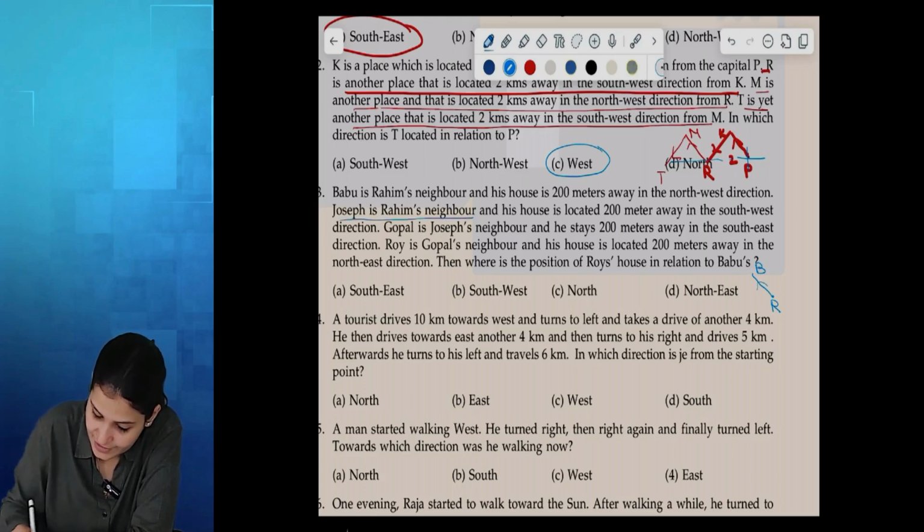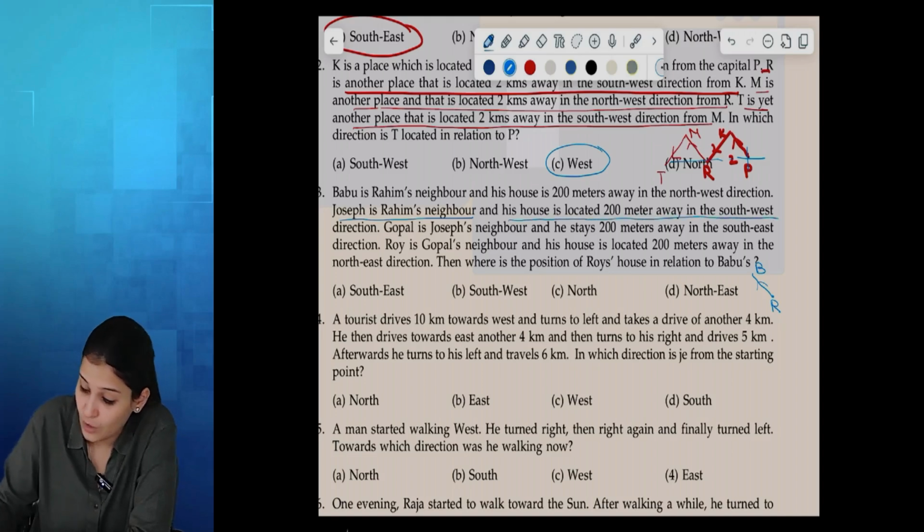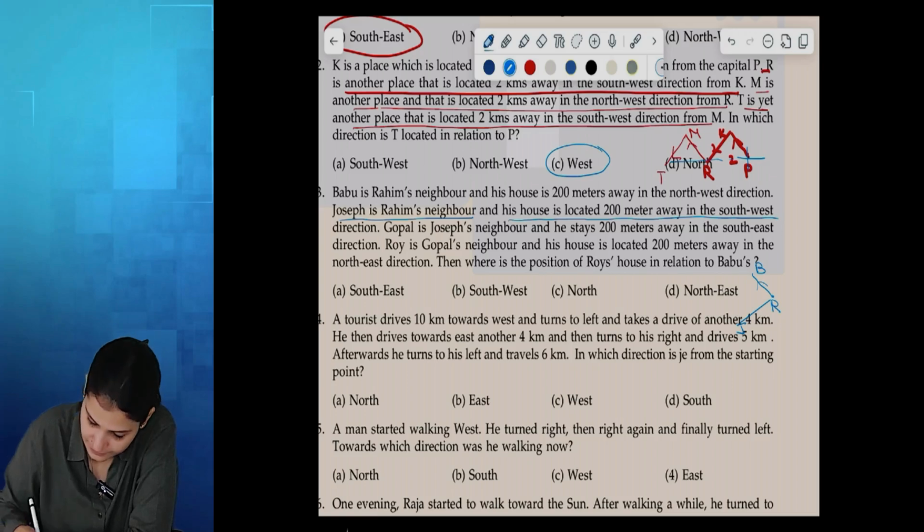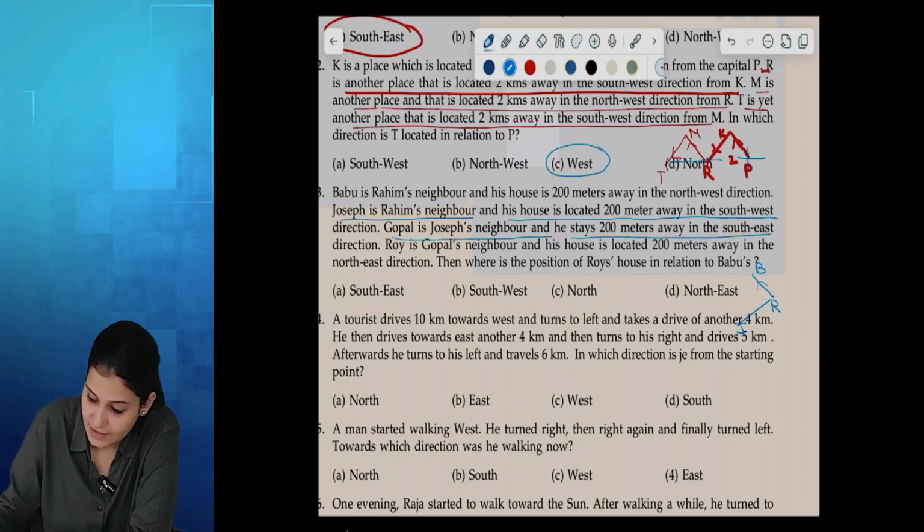Joseph is Rahim's neighbor and his house is located 200 meters away in the southwest direction. Gopal is Joseph's neighbor and he stays 200 meters away in the southeast direction. Roy is Gopal's neighbor and his house is located 200 meters away in the northeast direction.